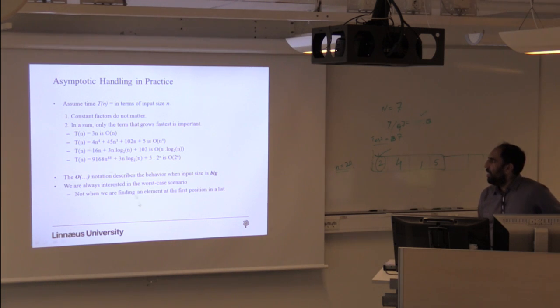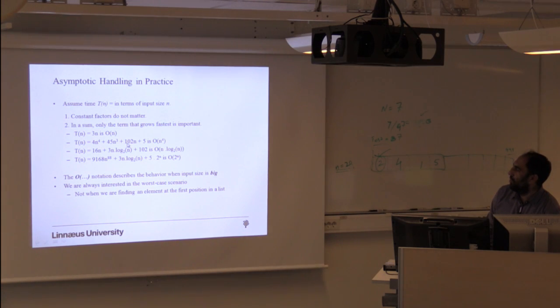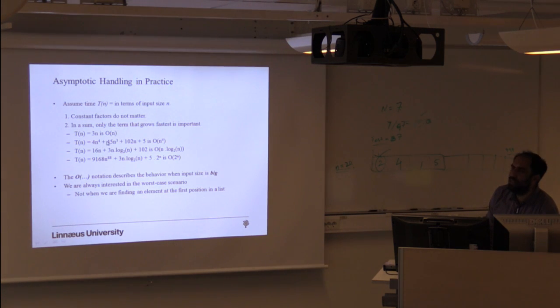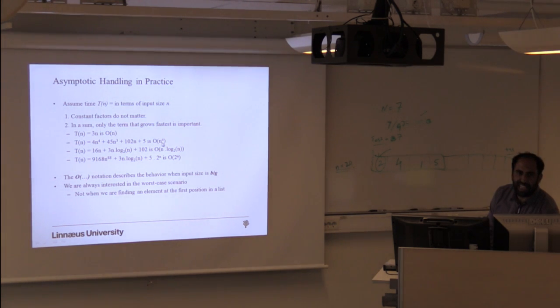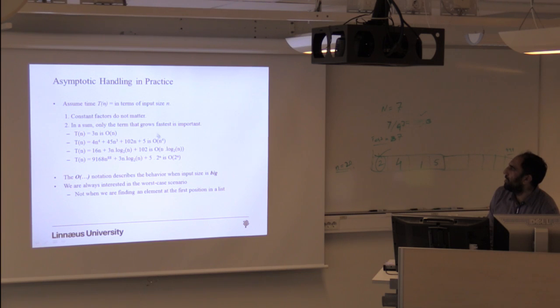For example, here we have a time complexity like 4n^4 plus 45n^3 plus 102n plus 5. Which part here will be the most time consuming? n^4. Okay, so we can ignore the constants, we can remove the smaller terms, and we can simply say the time complexity estimate is O(n^4). This is an estimate. Remember, this is not precise. This is more like an estimate in terms of asymptotic analysis.